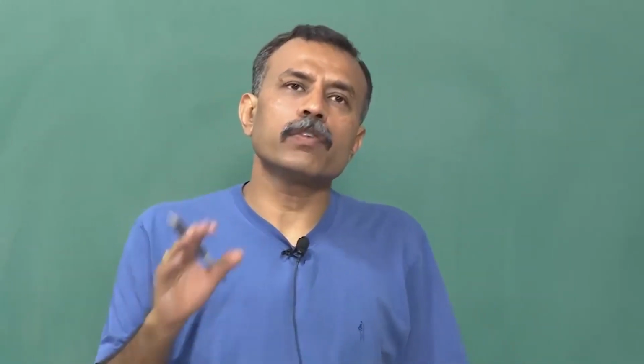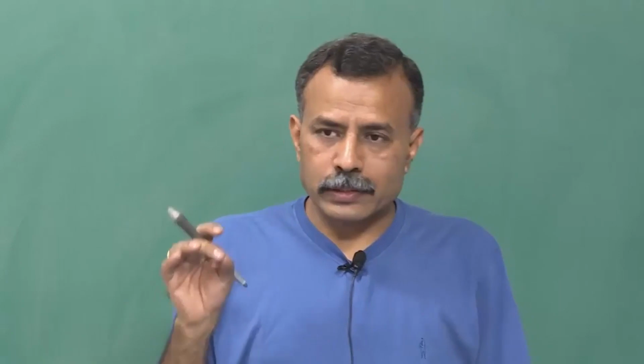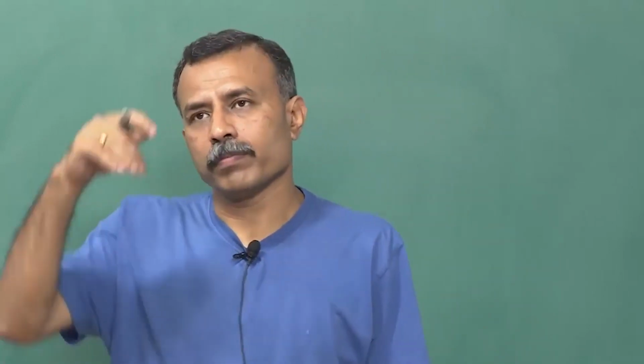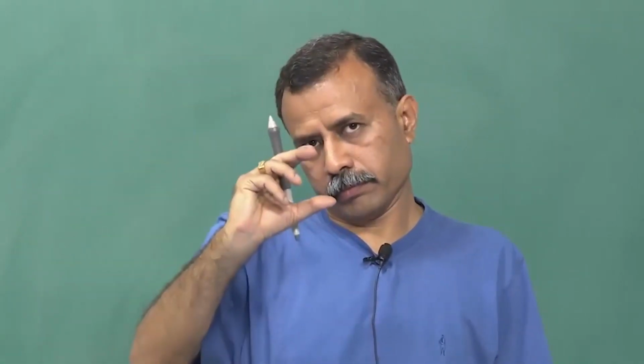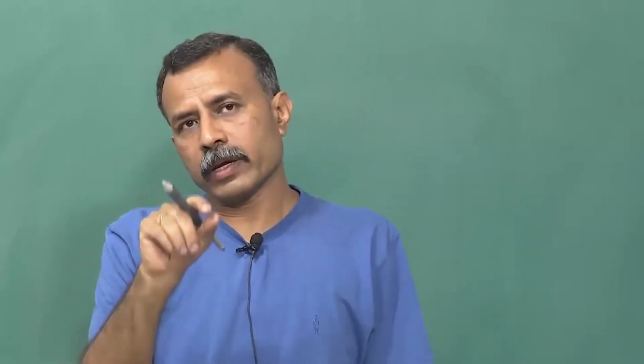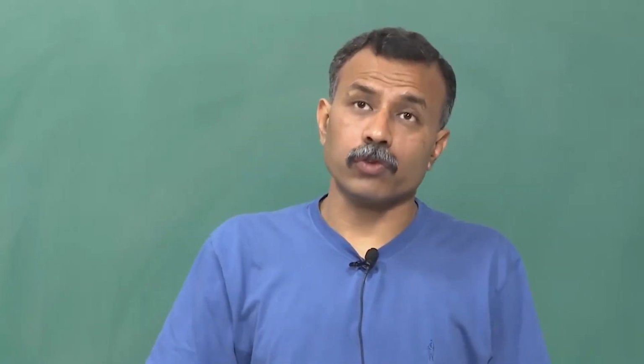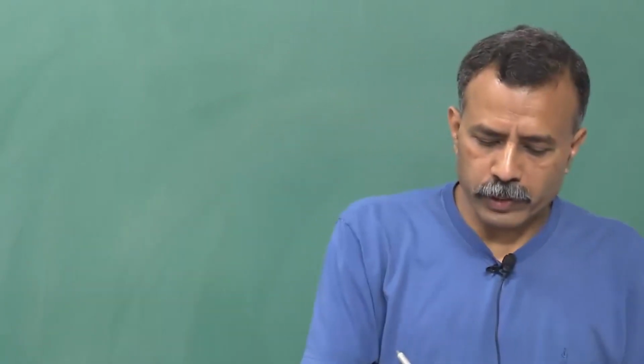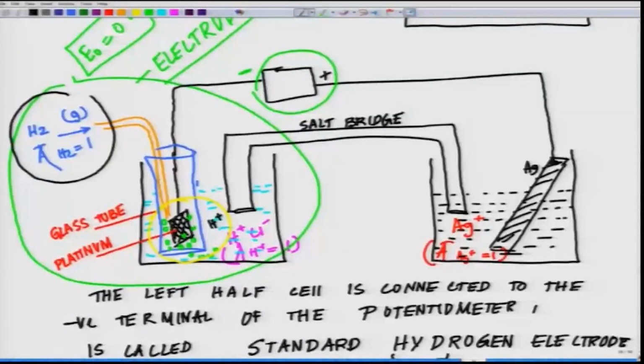So this is the first kind of electrode we have dealt with, the standard hydrogen electrode, consisting of a platinum metal that is continuously infused with hydrogen gas, whose activity is of course 1. It is kept in an HCl solution, where the H plus ion activity is 1, and an equilibration happens on this electrode.